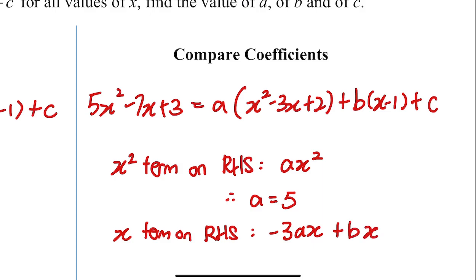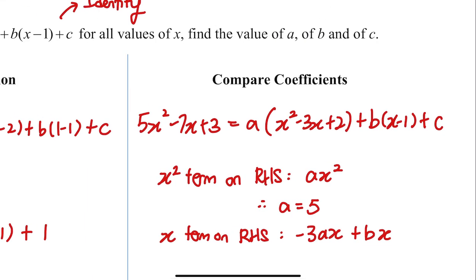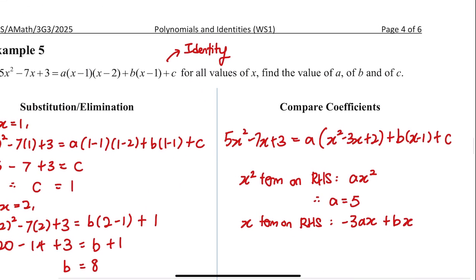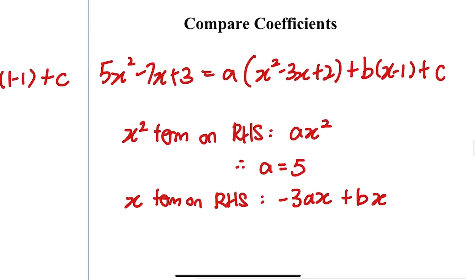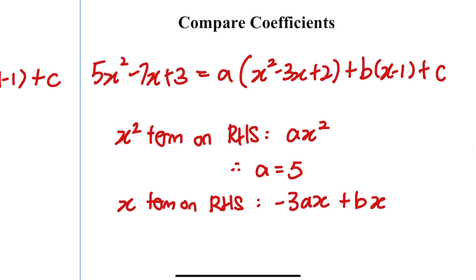Therefore, if I compare the x terms, I will get negative 7 equals negative 3a plus b.